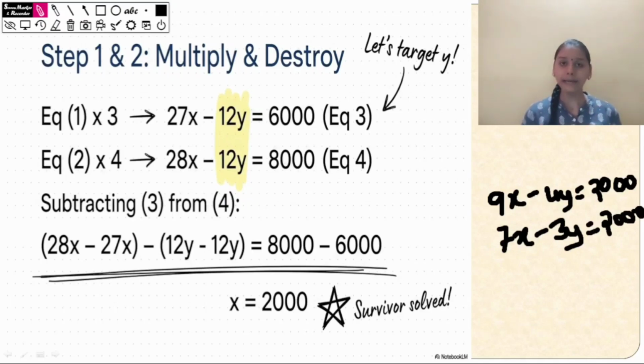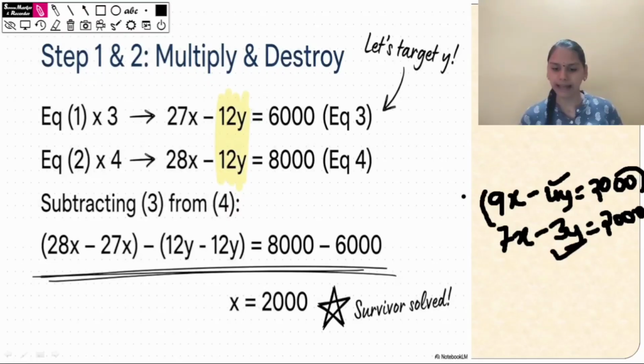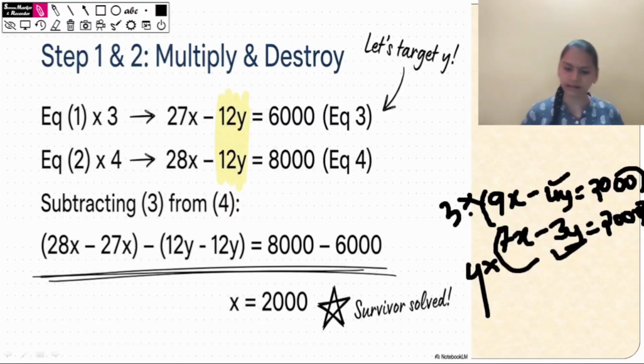Now multiply. First step is multiply. Now what should I multiply? See, if you just observe these both equations, there is 4 and 3. If you multiply this equation by 3 and this equation by 4, okay, here you have 3, so multiply this equation by 3 and you have 4 here, multiply this equation with 4.